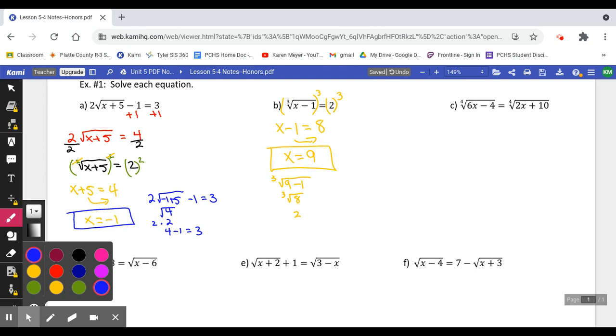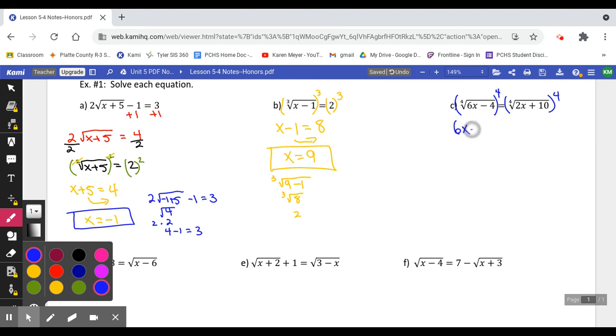Okay, C. When you look at C, you're going to notice there's a fourth root on both sides, but there's no plus or minus number that's not underneath the root. So hey, we're in good luck here. I would just say, let's start by taking both sides and raising them to the fourth power, which just gets rid of my roots.